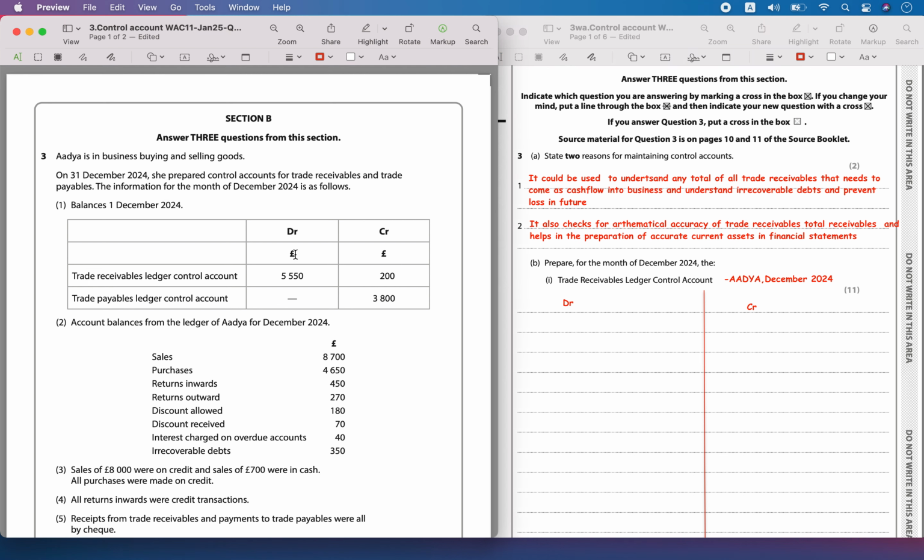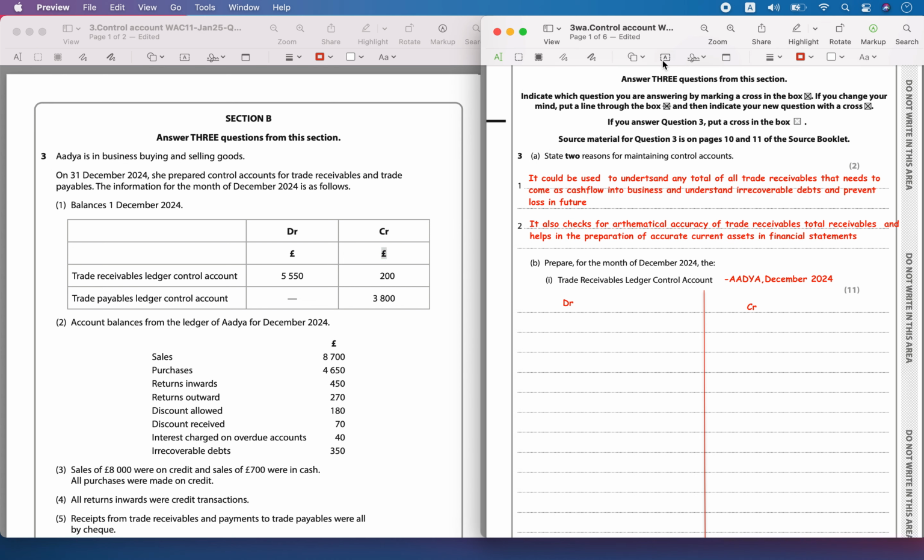Now we have the pounds on both the sides. So let's prepare the pounds. We know the trade receivables ledger control account is a current asset, so the balance starts on the debit side.